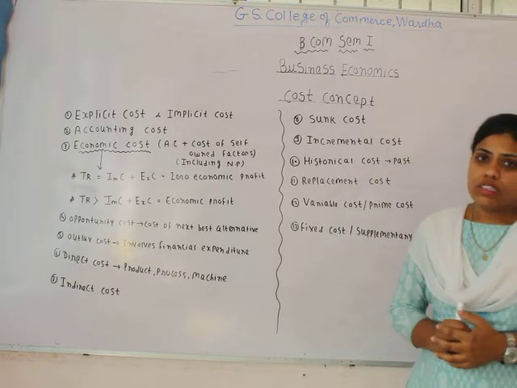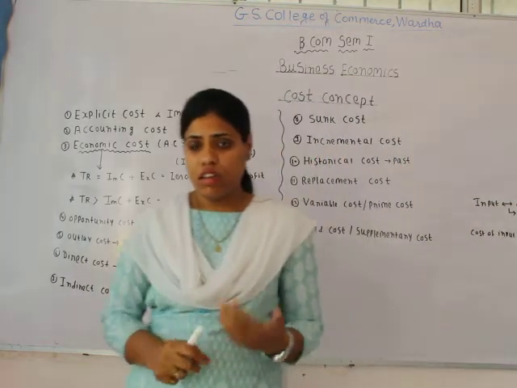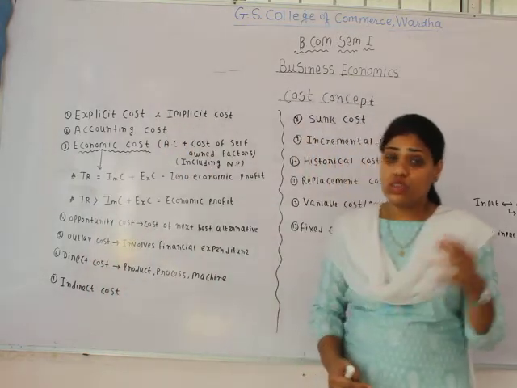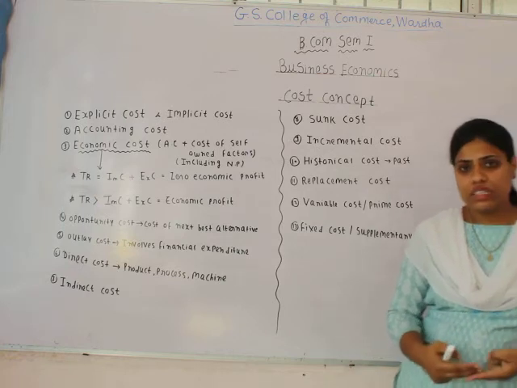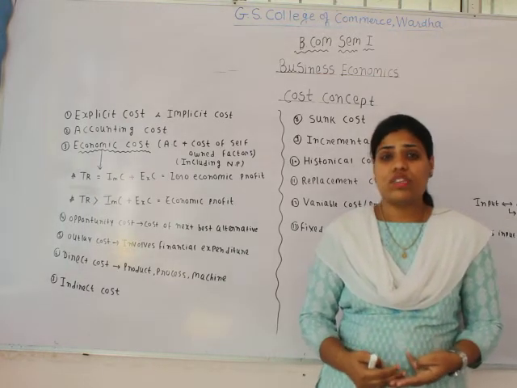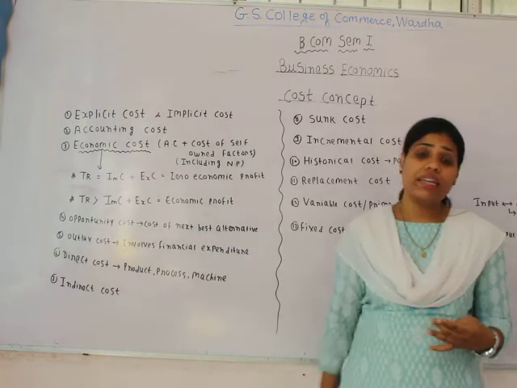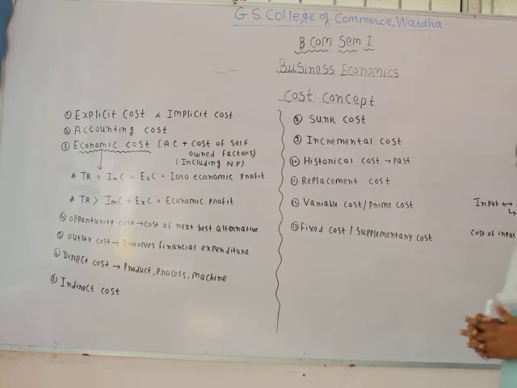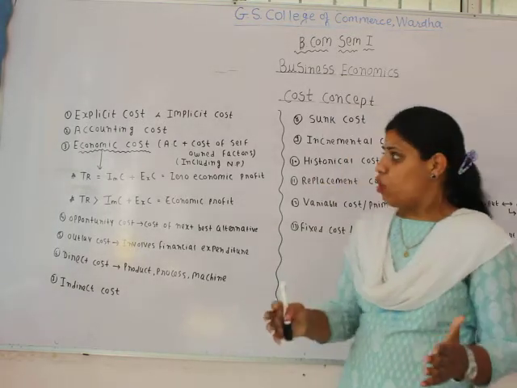When we talk about the explicit cost, it is actually paid, it is actually incurred, it is the cost which are actually paid by the entrepreneur, like rent of building, wages to laborers, electricity bill, etc. So these are the costs which are actually paid by the entrepreneur and recorded in the books of accounts. So explicit cost can also be known as accounting cost, and they are recorded in the books of accounts.